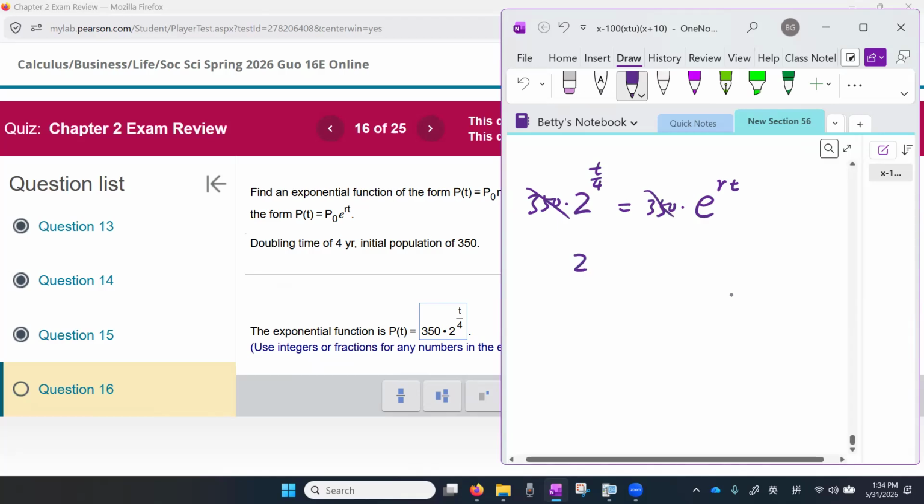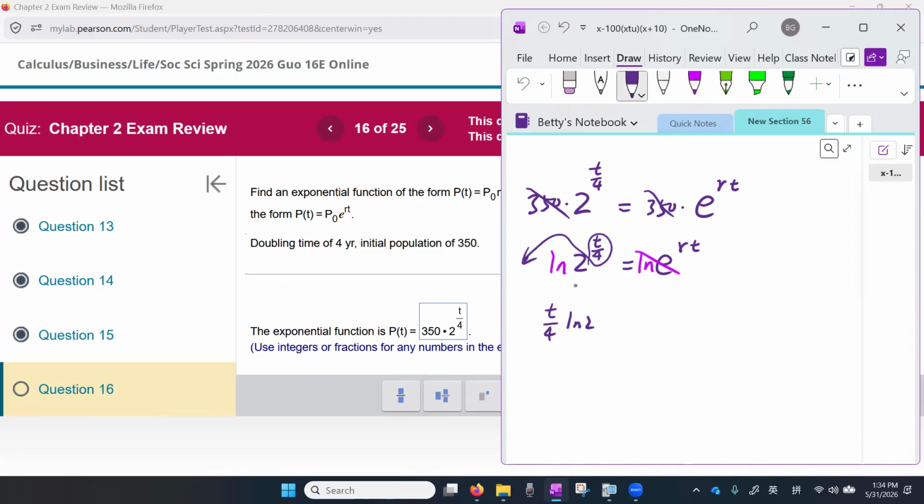We have 2 to the power T over 4 equals e to the power RT. Apply ln. E cancels, so this is brought in front: T over 4 ln 2 equals RT. We want to know the value of R, right? T cancels. So R equals ln 2 over 4.